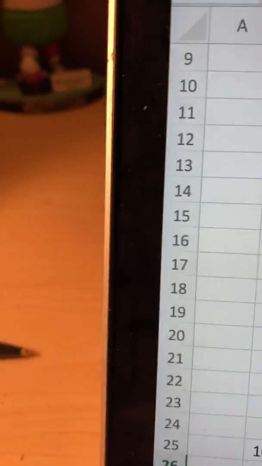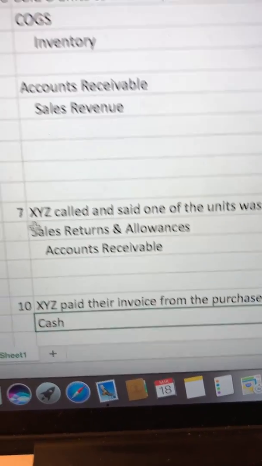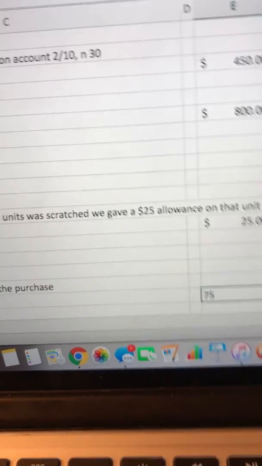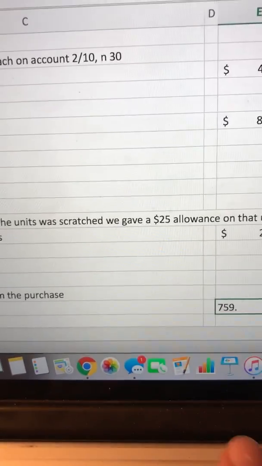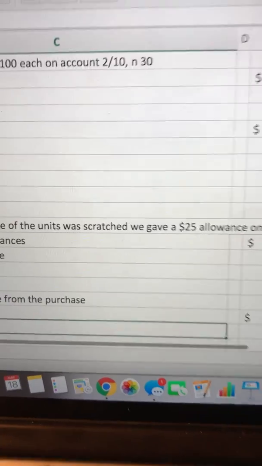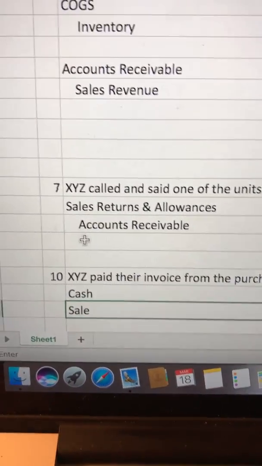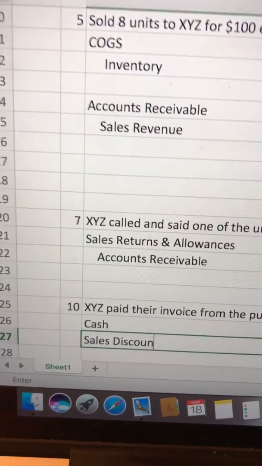So let's show how that looks. So we know cash is going to go up in the amount of $759.50. We also have to record the discount. So that's going to be a debit to sales discount of $15.50.